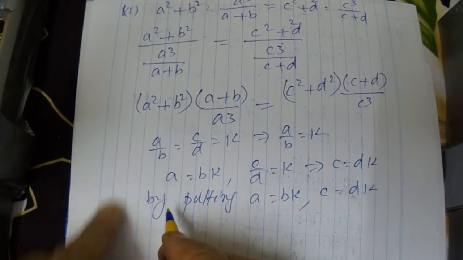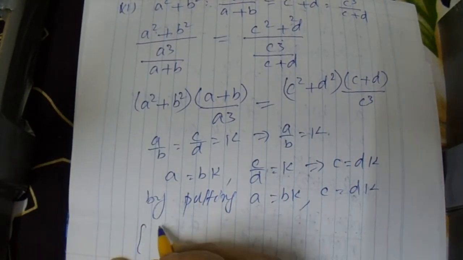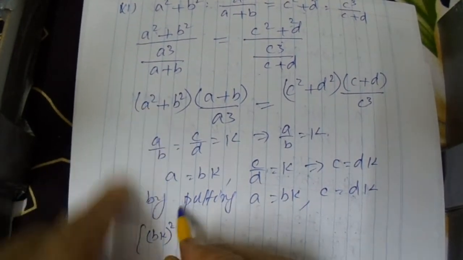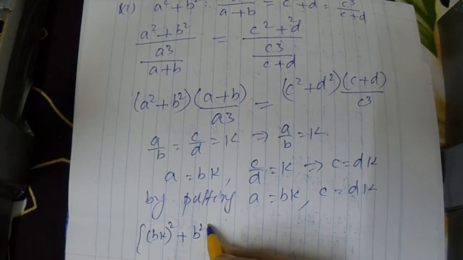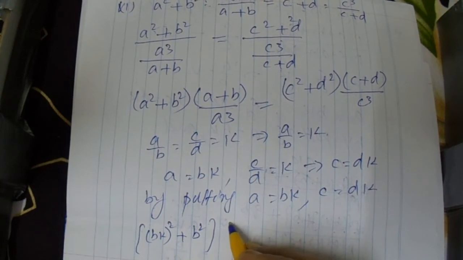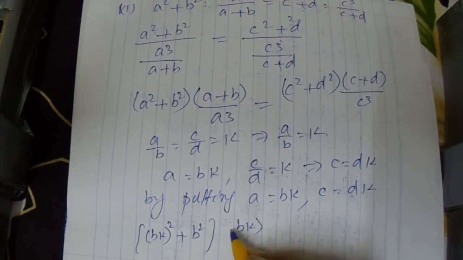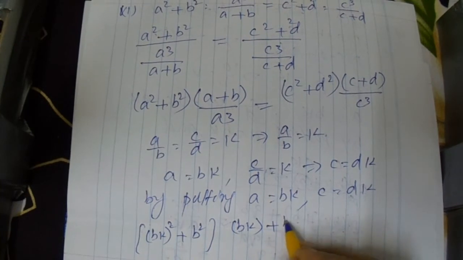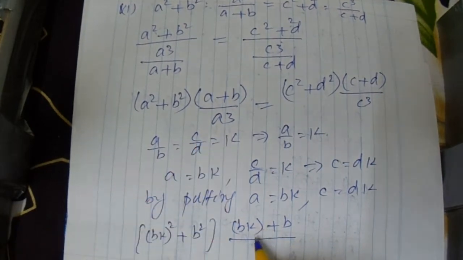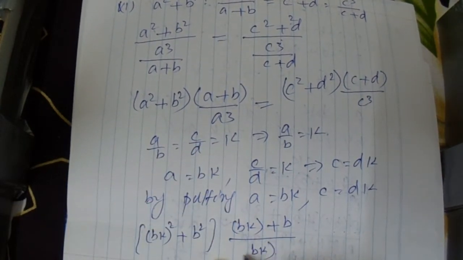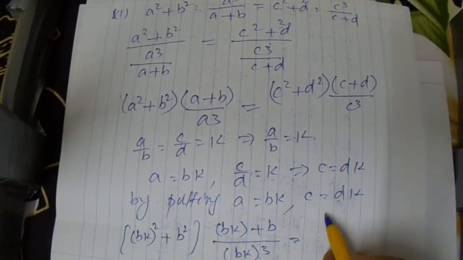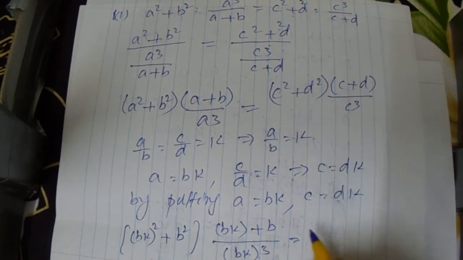we write here this A is BK, we square, write this plus B square, and we write this in this also A is BK, this plus B over A cubed, okay, and we write this.